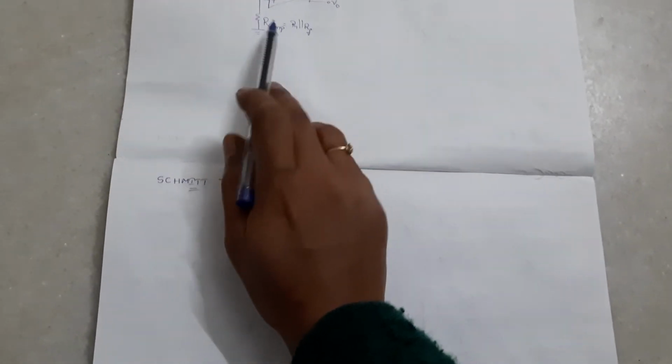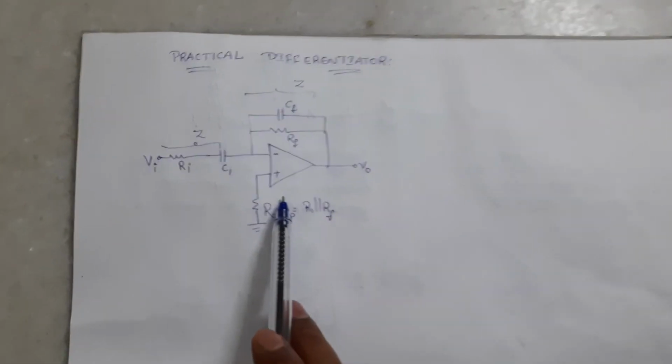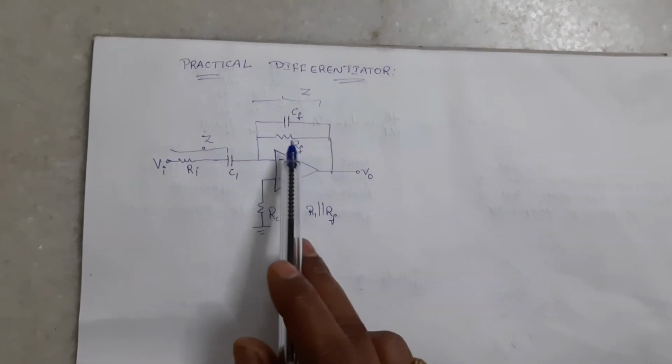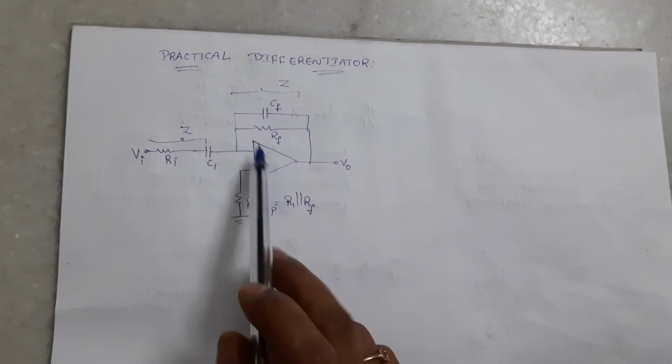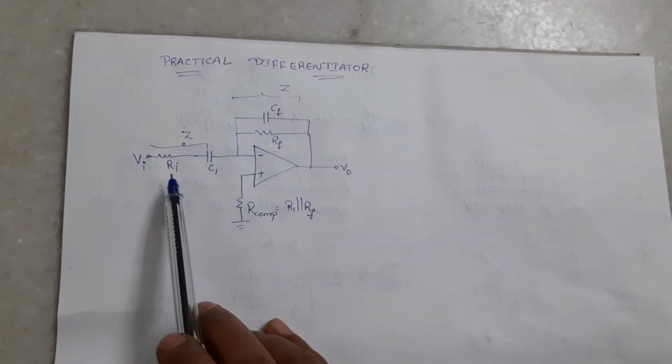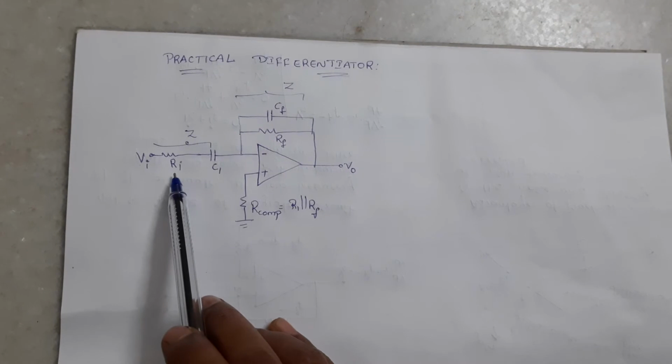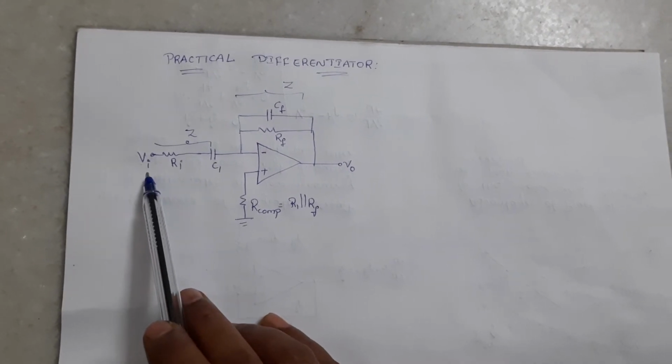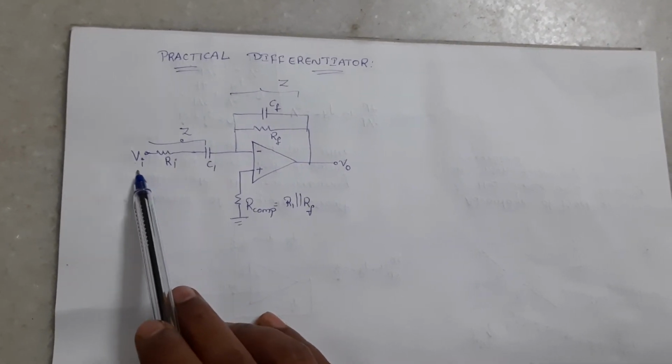See, this is the practical differentiator circuit. We connected a feedback capacitor CF as well as an input resistor RI, and now the input is given through this resistor Ri.